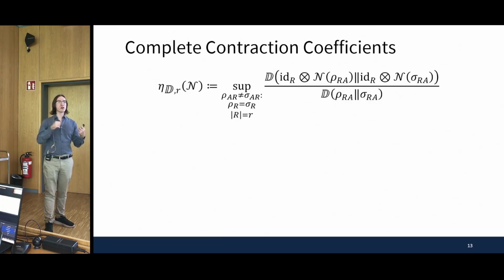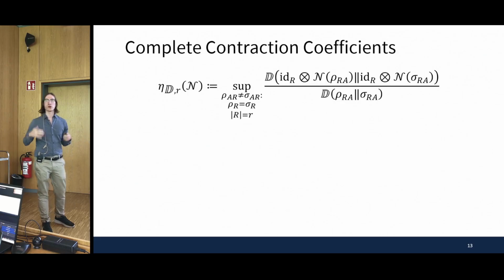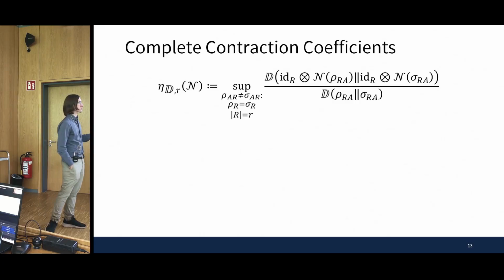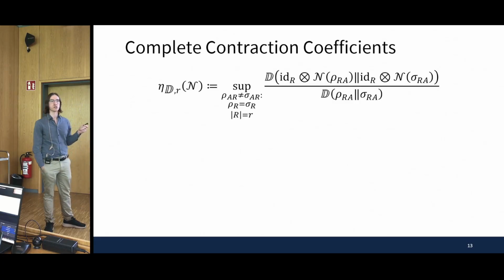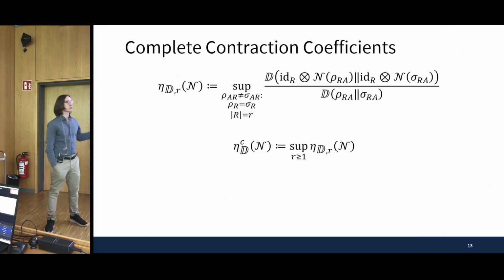The reason for that is if I gave you different marginals, then I could add a flag state and it wouldn't measure any notion of losing information because just the reference system carries the information. So we supremize over all states where they have the same fixed reference marginal and look at how much information is lost according to the channel and divergence. And then we can supremize over the choice of the dimension of R.